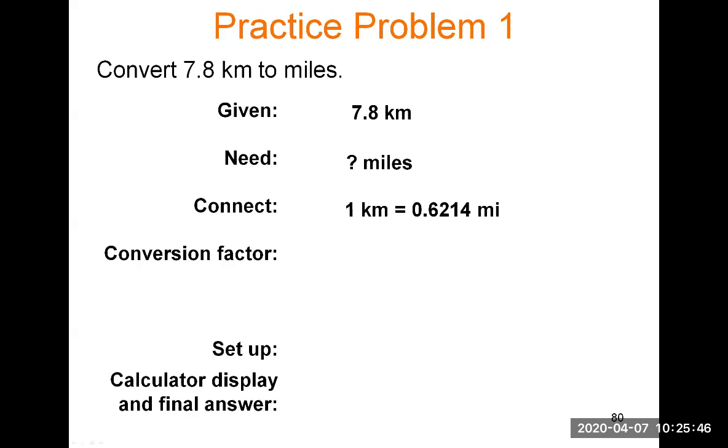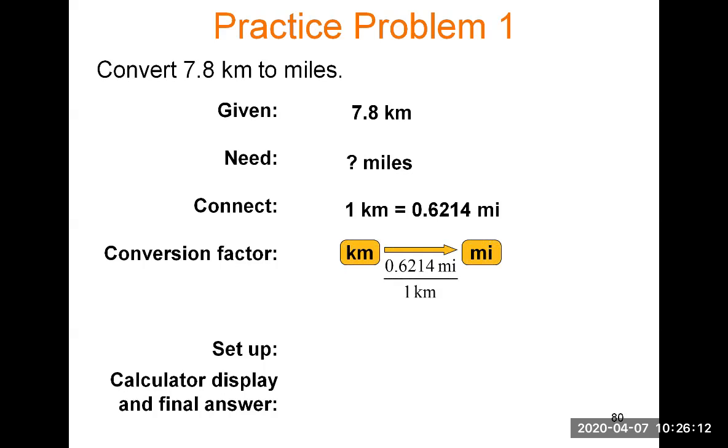So you want to cancel kilometers in the denominator of the conversion factor. So the kilometers will have to be in the denominator. So you will need to use the conversion factor that has the miles on top and the kilometer on the bottom, because then the kilometers from the given amount will cancel with the kilometer from the conversion factor.